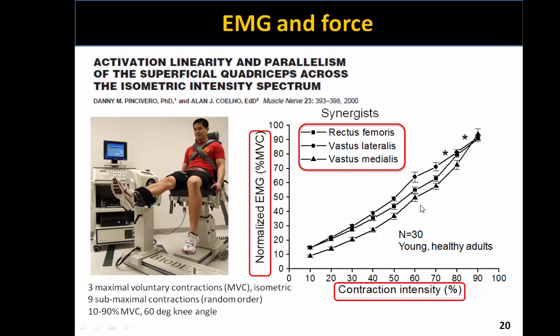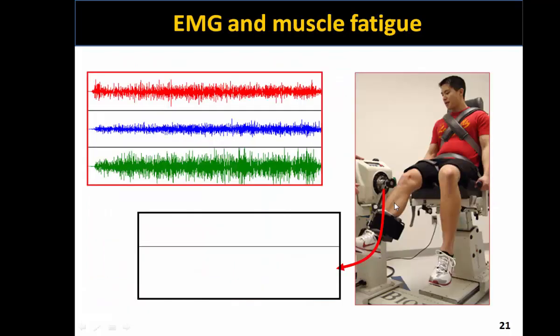There's some nonlinearity here, but for the most part, this is a rather proportional increase in the EMG. And notably, at near maximal levels, at 90%, we see a convergence of the activation of all 3 superficial muscles to almost equal levels, whereas there were some differences throughout the submaximal range.